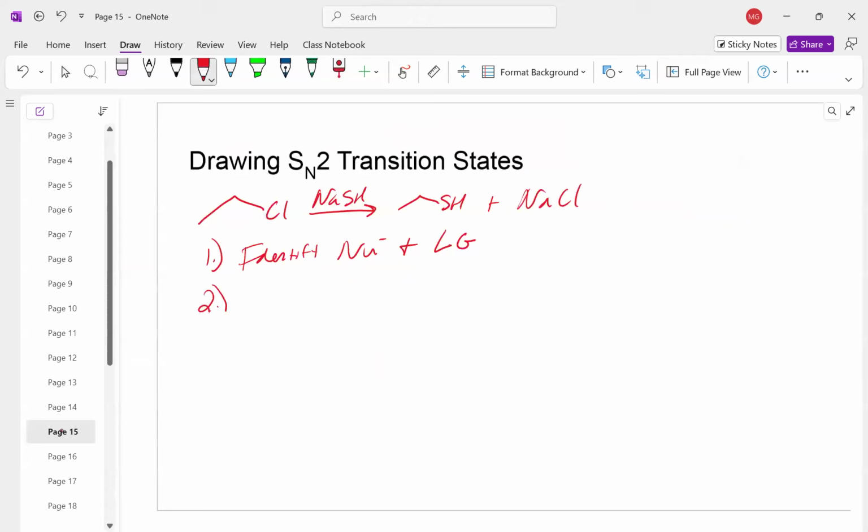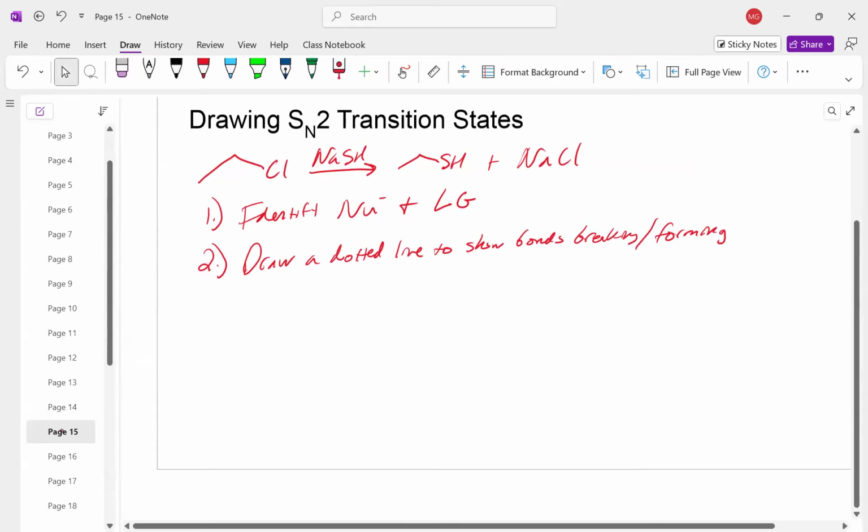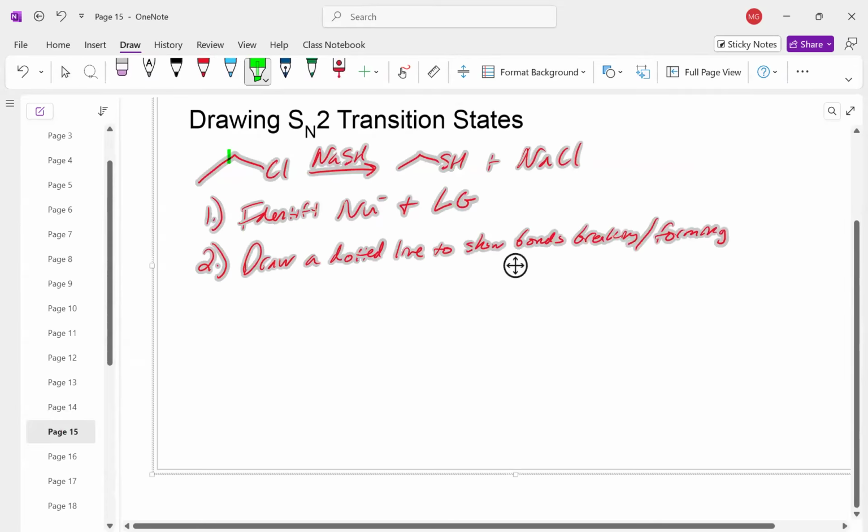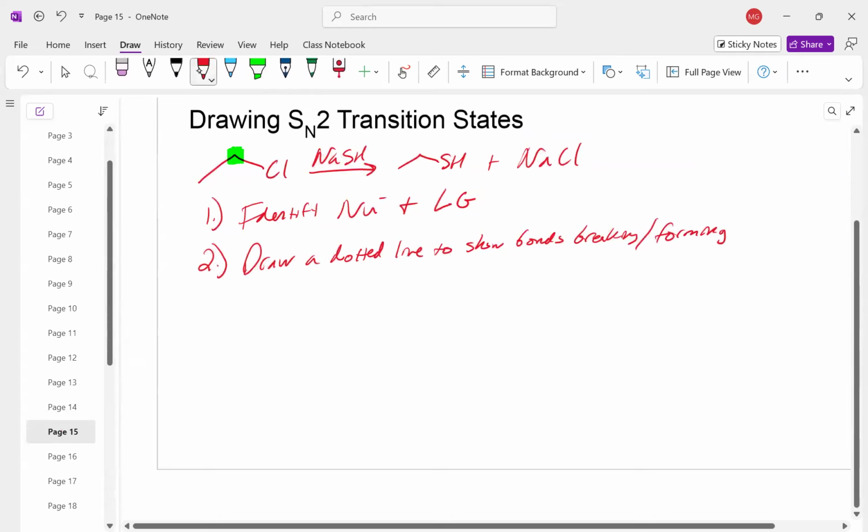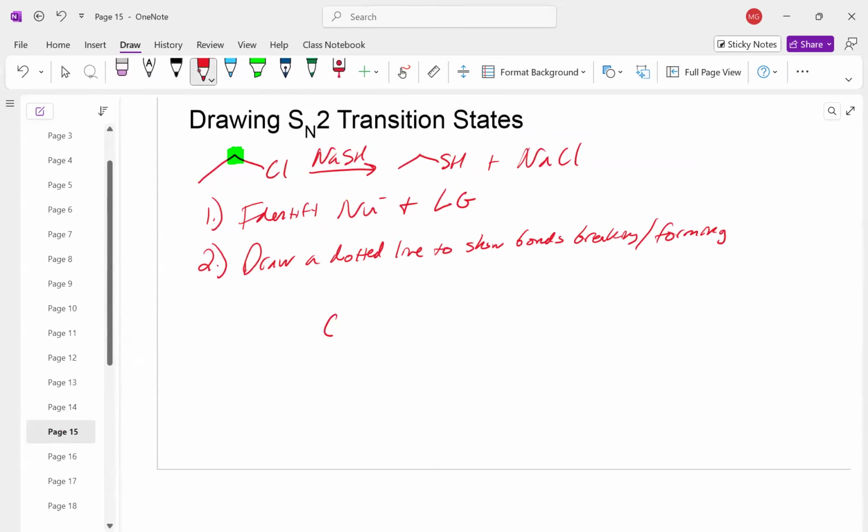So then the second step in drawing the transition state is we use dotted lines to show bonds breaking and forming. So right now I'm just going to show this right here, that carbon. So there it is.